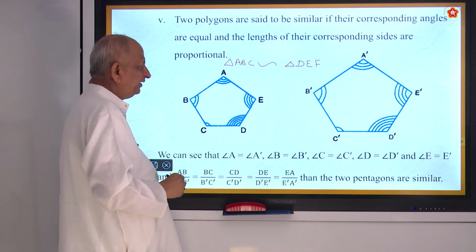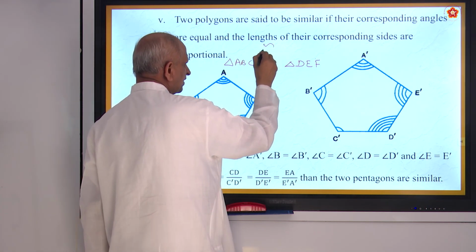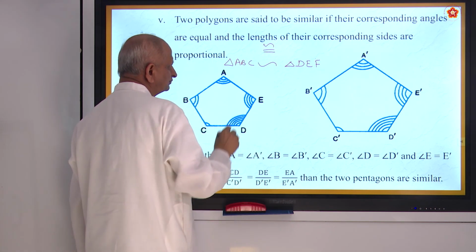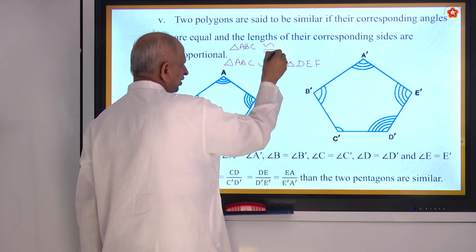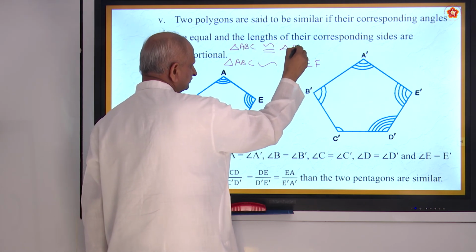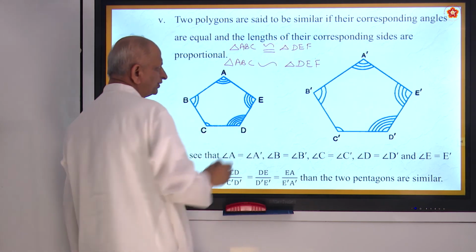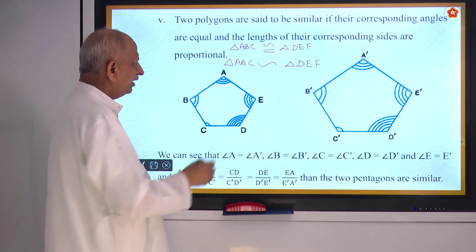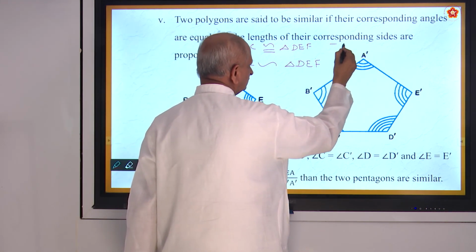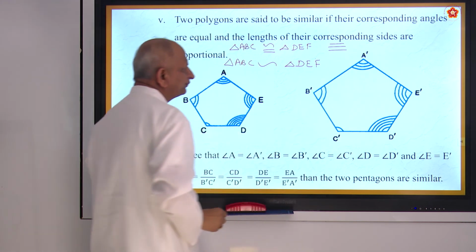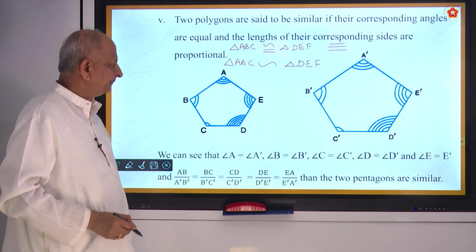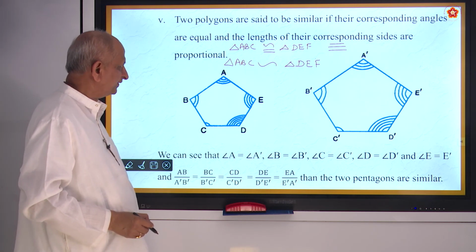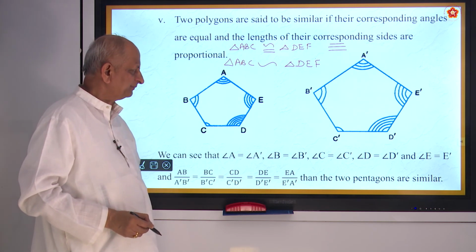Or congruency, this is the symbol. Triangle ABC is congruent to triangle DEF. Note the symbols correctly. Or you can use it like this also, that is also allowed. So this is about similarity of figures or polygons.